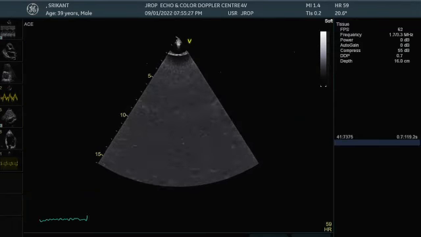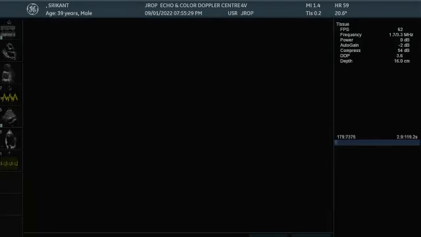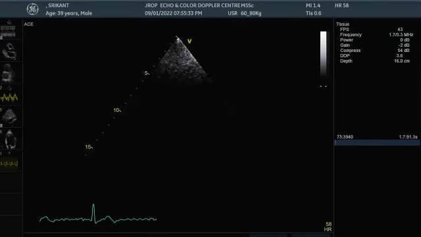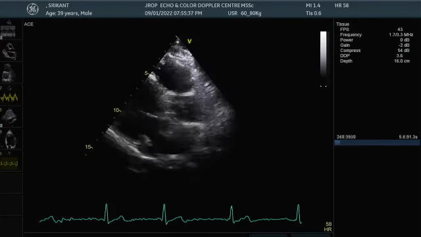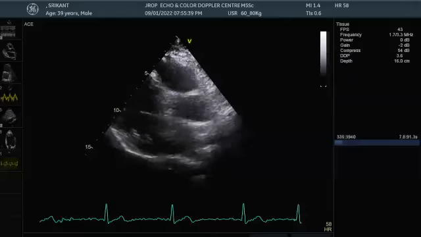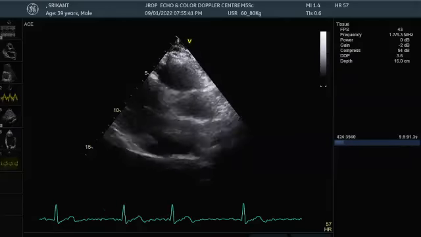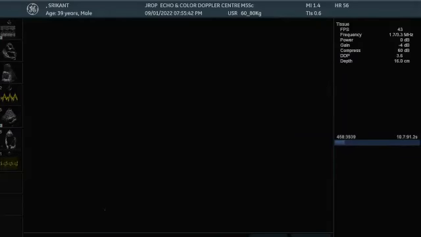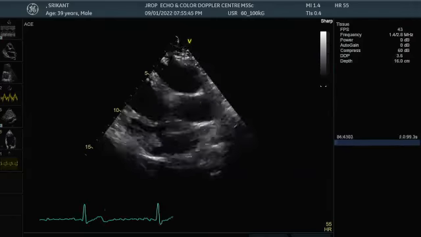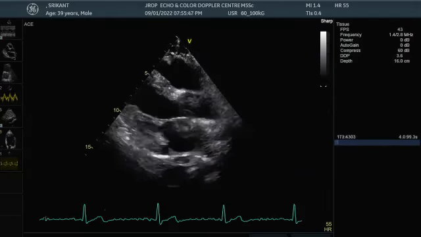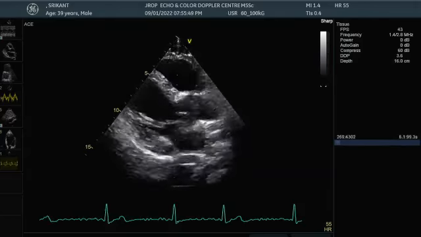I've been saying these things for a long time. Now keep your image in such a fashion that you are at almost 90 degrees to the aorta. Your cut section should be in the center, right?